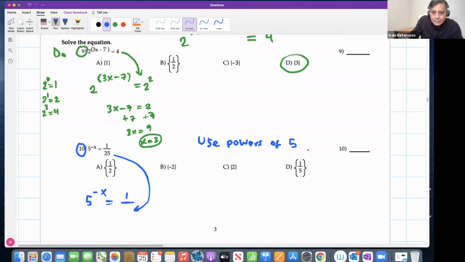So use powers of 5, right? 5 to the 0 is 1, 5 to the first power is 5. Go ahead, guys, and complete it. 5 to the second power is 25. Try to do that, and from these algebraic tricks, you should be able to figure this out.